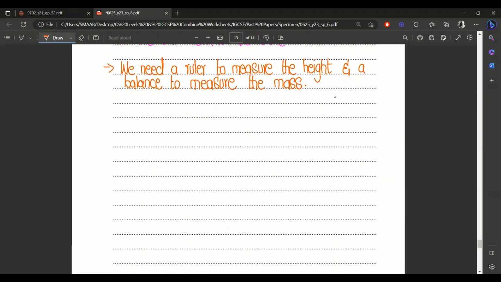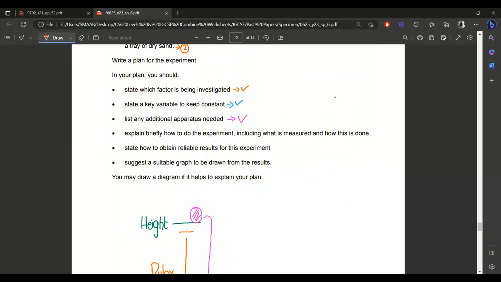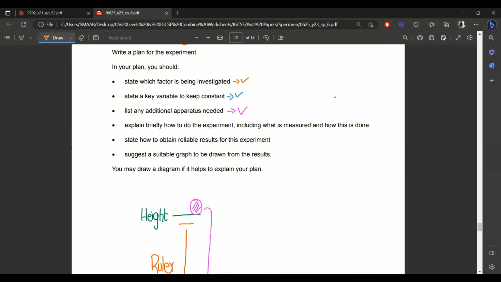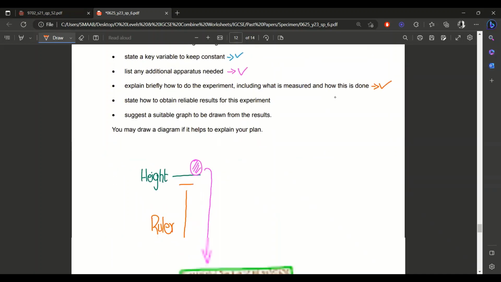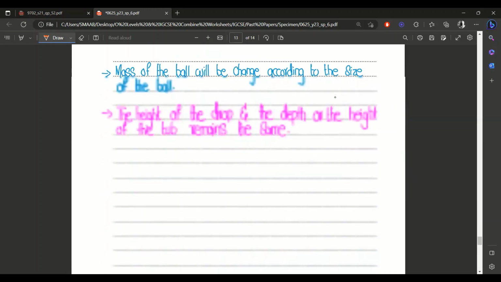Okay, so now let's move towards the next part. Now we have to perform the experiment, so we write the steps for how we perform the experiment.